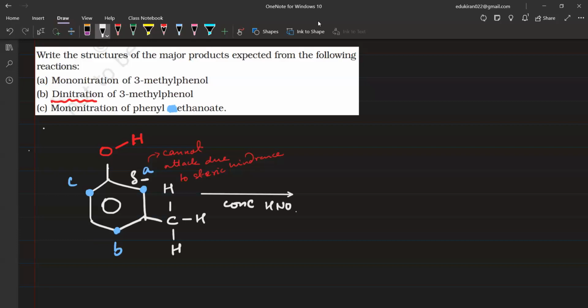Only B and C. You will get NO2 on the B and C carbons only. All of you got this? Yes or no, please tell me.